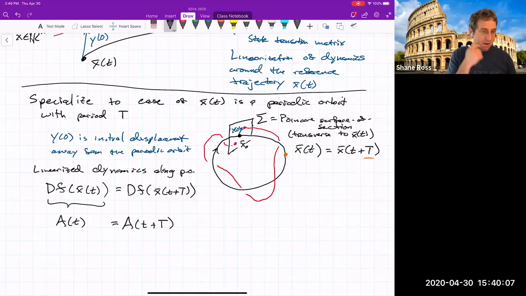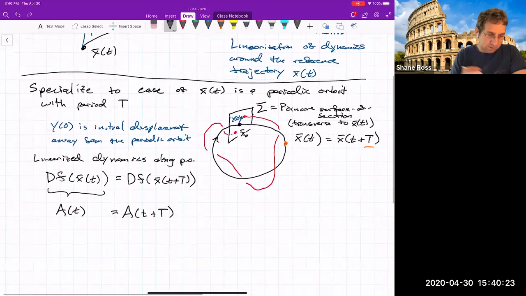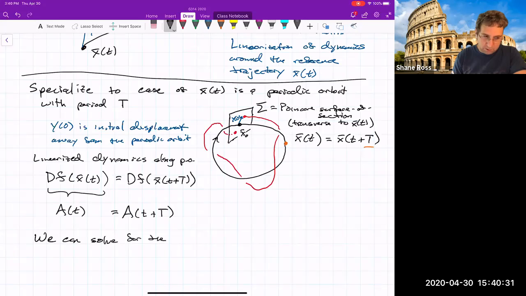So now, when we solve for the phi matrix, the state transition matrix, it's given a special name, but we'll get to that. So we can solve for the phi matrix.